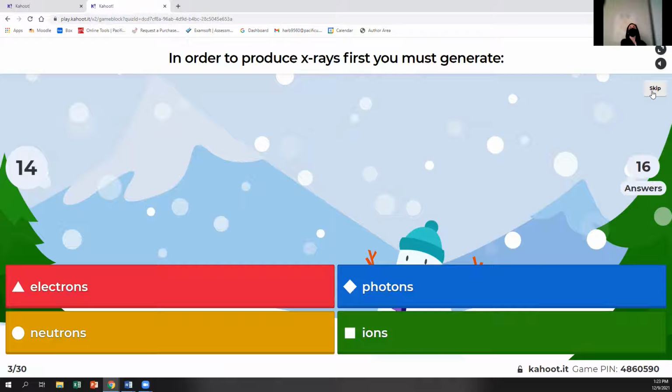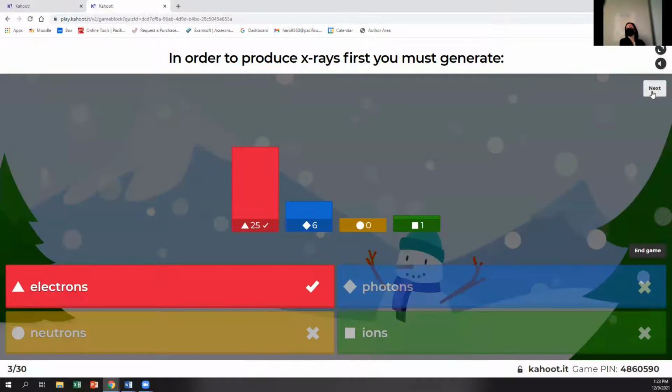What do you need to generate to produce X-rays? What do you need to generate to produce an X-ray? Electrons, very good.